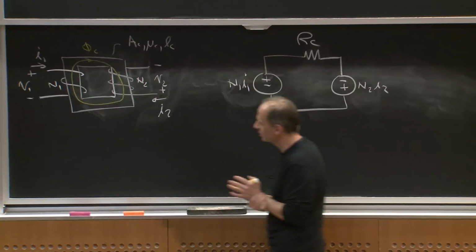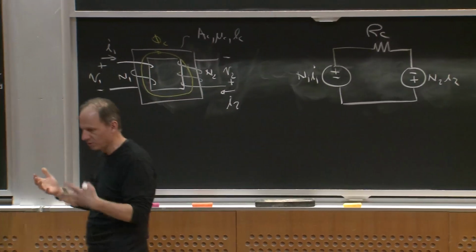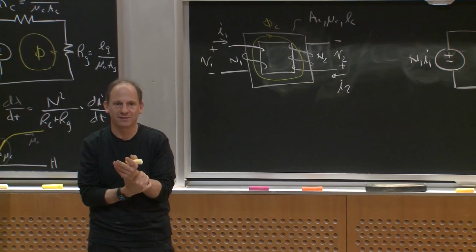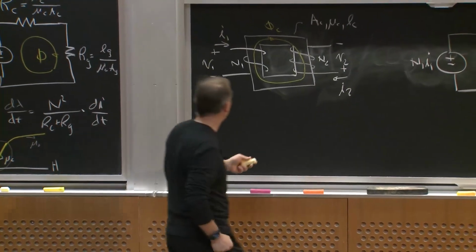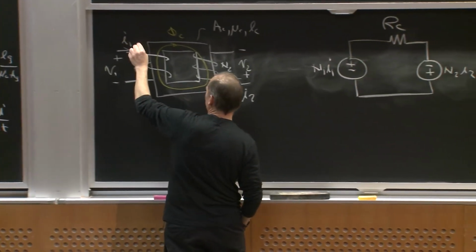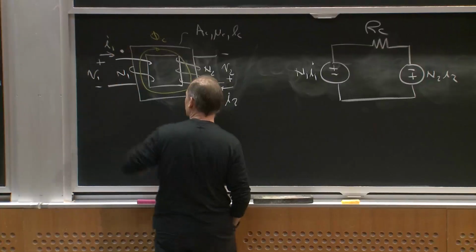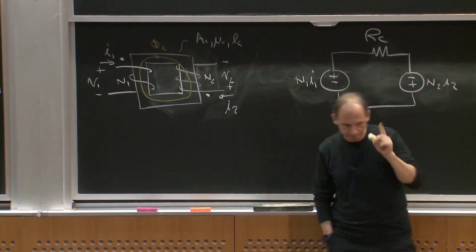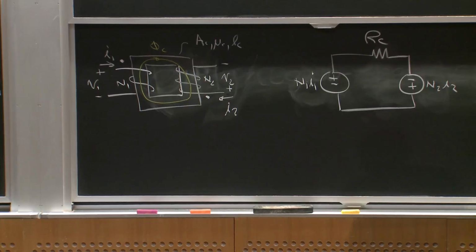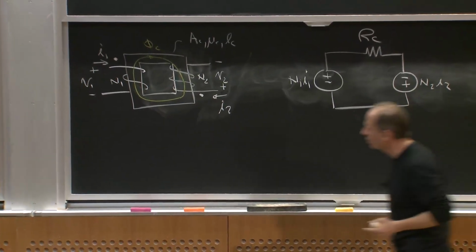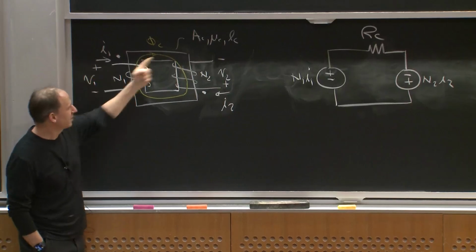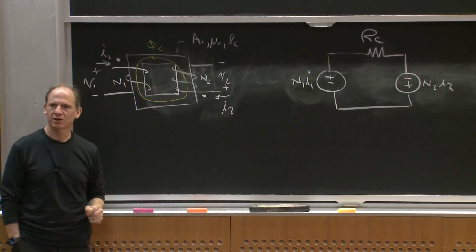The other thing I will say is when we talk about a transformer, at least a two-winding transformer, you'll often see something called the dot convention, okay? And somewhere in the structure, and you'll see it in the schematic symbol, there's going to be a dot here and a dot here. What that means is, in practice, currents into the dot try to throw flux the same direction around the core.